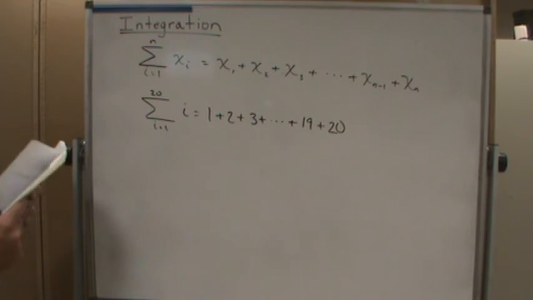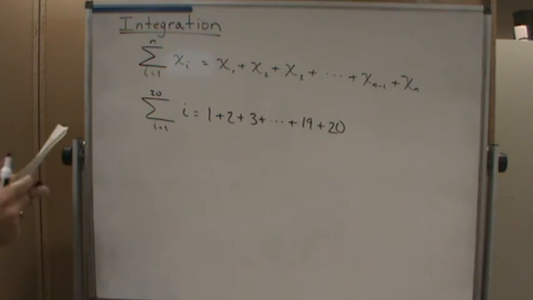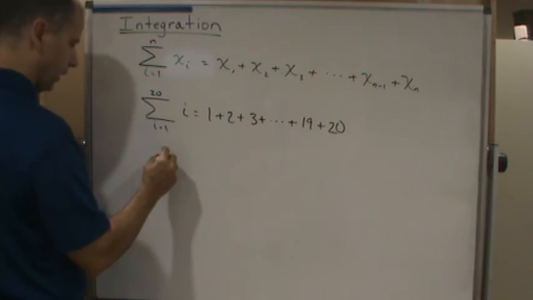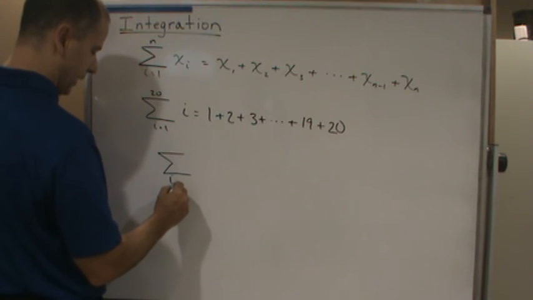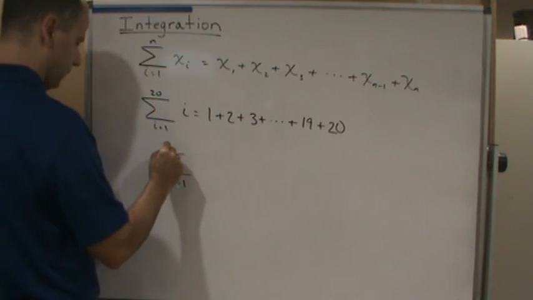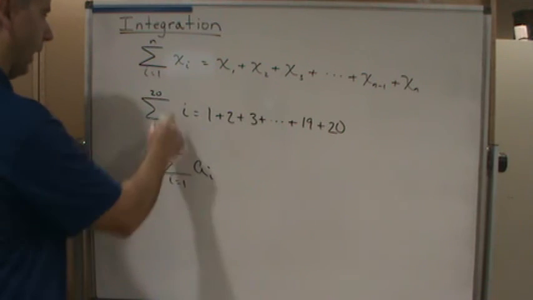So now what else can we do? Well, we could have a sequence. We could have a summation of values. Here's typically the form that we see the notation used in. We would say i equals 1 to n, and we would say a sub i, or x sub i.